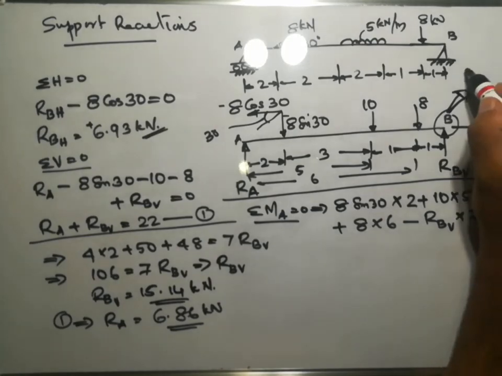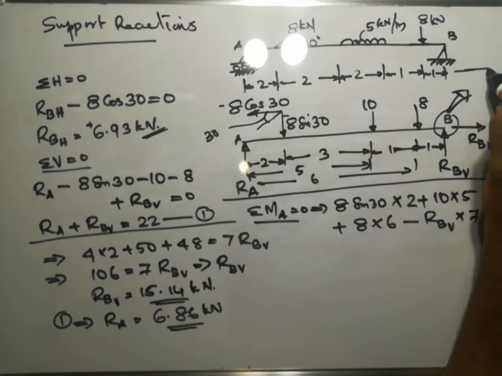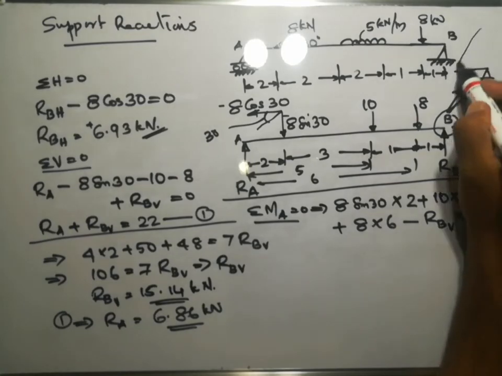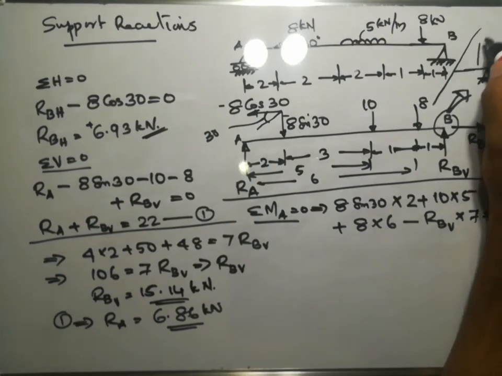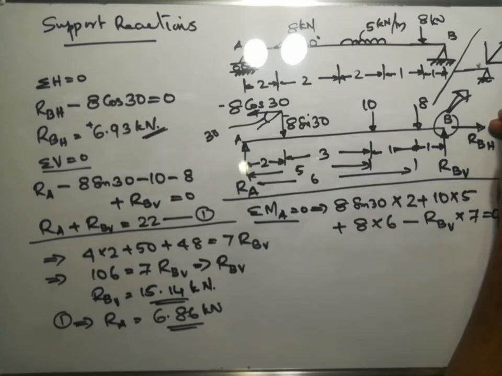Okay, so at this point B, what happens is, this is the beam and here is the support. What is happening is that the reaction components will be acting like this, and it will have a reaction like this.